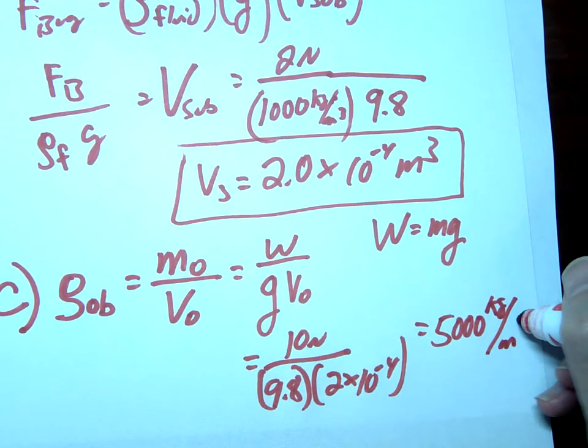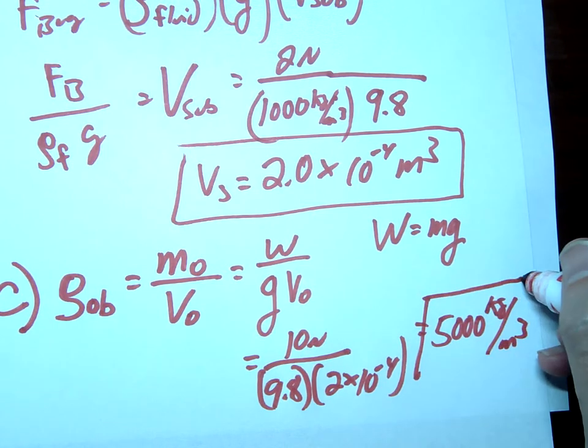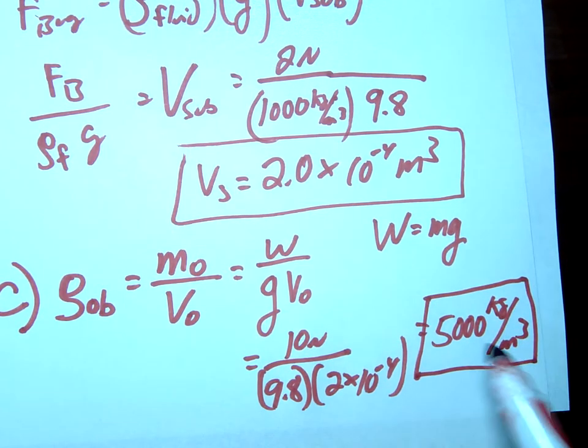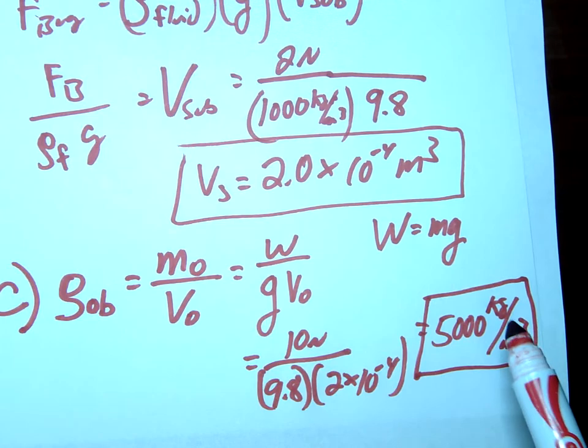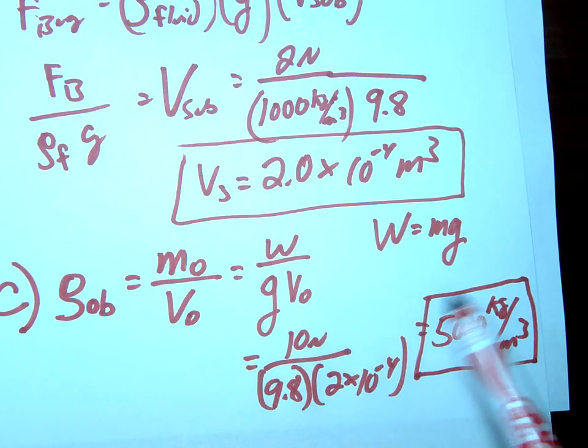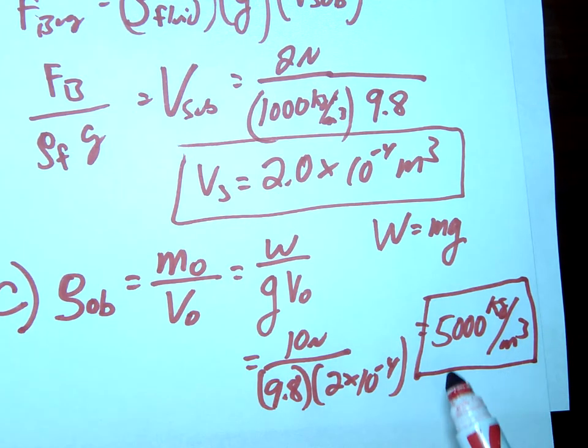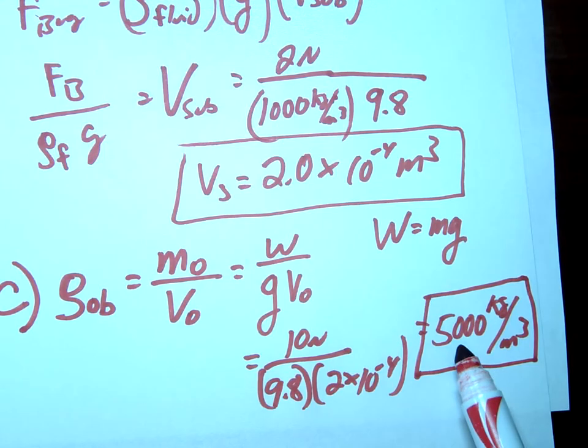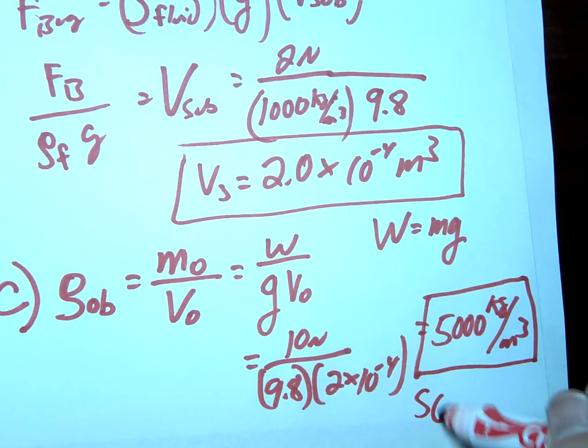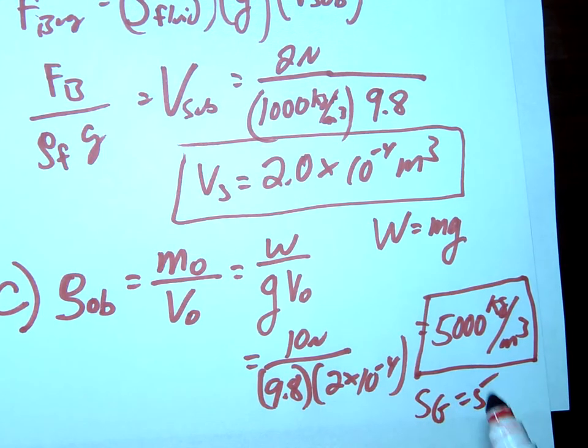Go ahead and solve that, and you should get 5,000 kilograms per meter cubed. Make sure your answer makes conceptual sense. Since it did sink, it should be greater than 1,000. In fact, this is exactly 5 times greater than water, so we'd say it has a specific gravity of 5. But check this out.